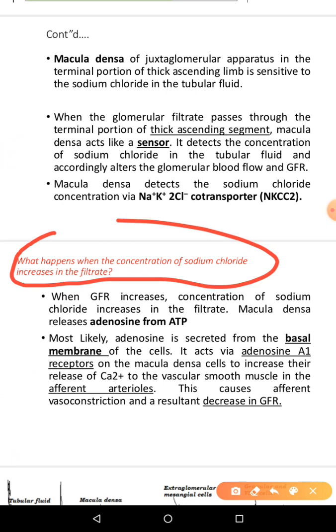Most likely, adenosine is secreted from the basal membrane of the cells. It acts via adenosine A1 receptors on the afferent arteriolar cells, not the macula densa, that was a mistake, to increase their release of calcium to the vascular smooth muscles in the afferent arterioles. This causes afferent vasoconstriction and a resultant decrease in glomerular filtration rate.